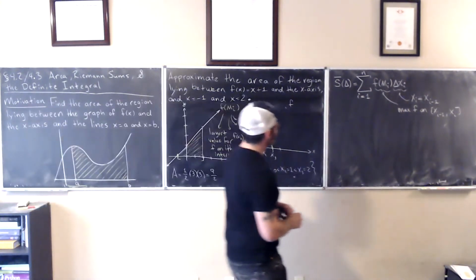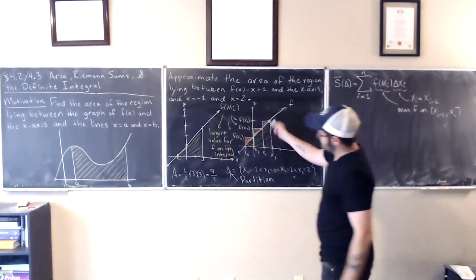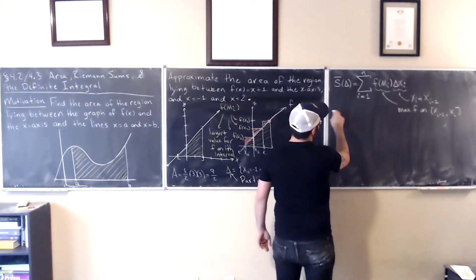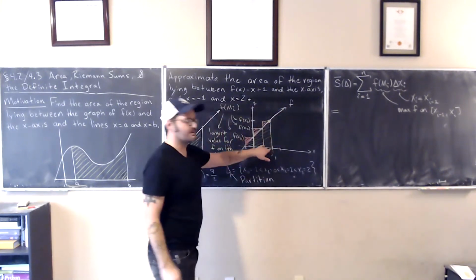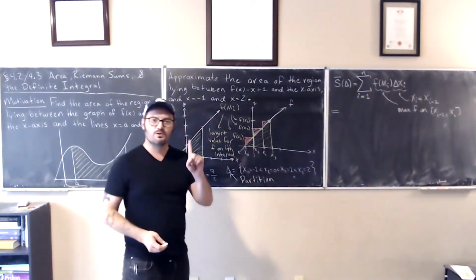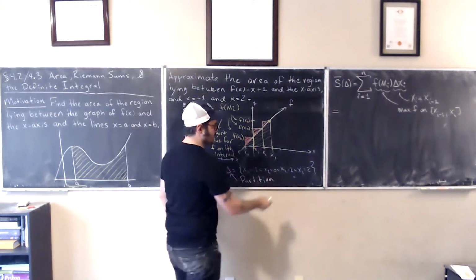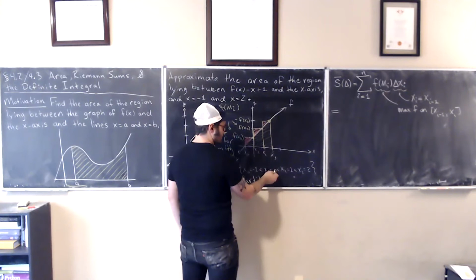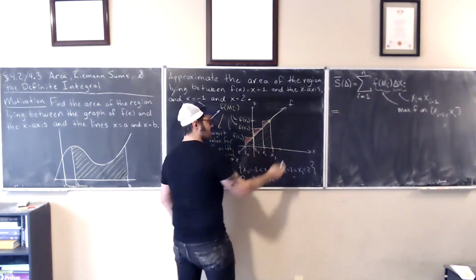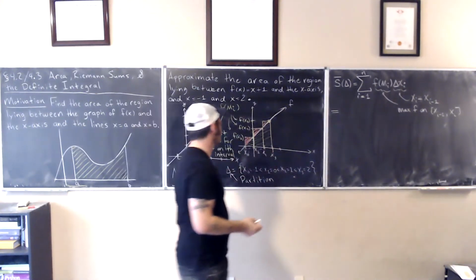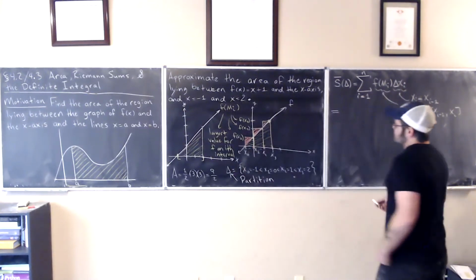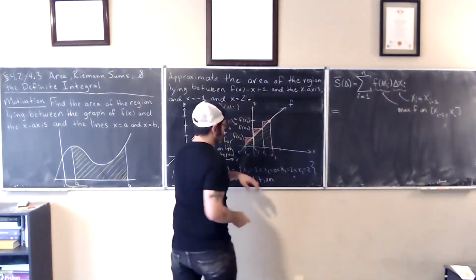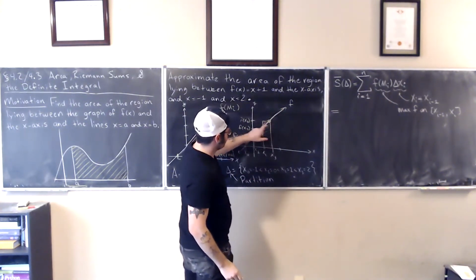Okay, so what is it in this case? It just so happens that I picked the widths of each of these subintervals to be 1. 2 minus 1 is 1, 1 minus 0 is 1, 0 minus -1 is 1. Each of these has width 1, so it makes it pretty easy. So then, what is this sum? It's just that times 1, that times 1.